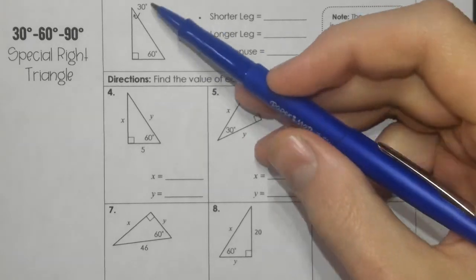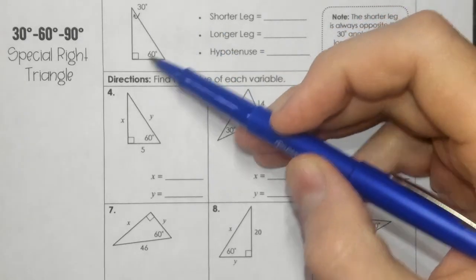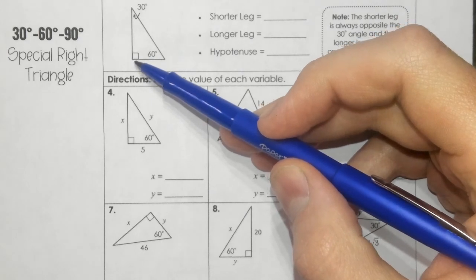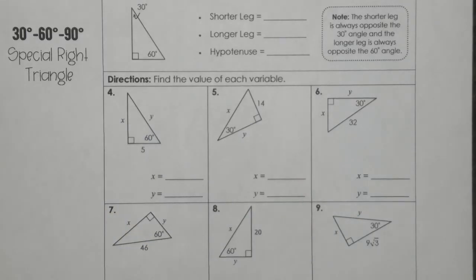Notice we have 30 degrees marked, 60 degrees marked, and we know that this is the right angle or the 90 degree angle. This is not an isosceles triangle. The legs here are not the same, but anytime you have a 30, 60, 90 right triangle, the sides are always in the same ratio.